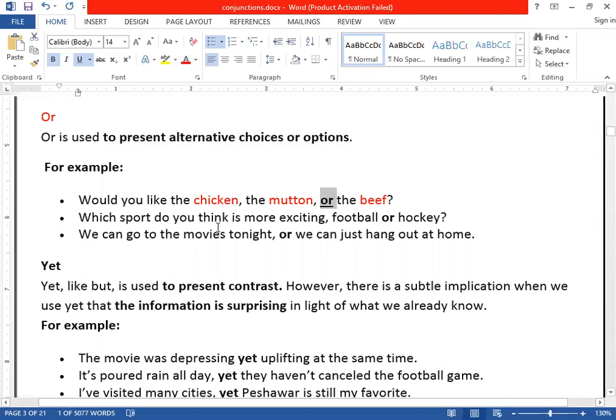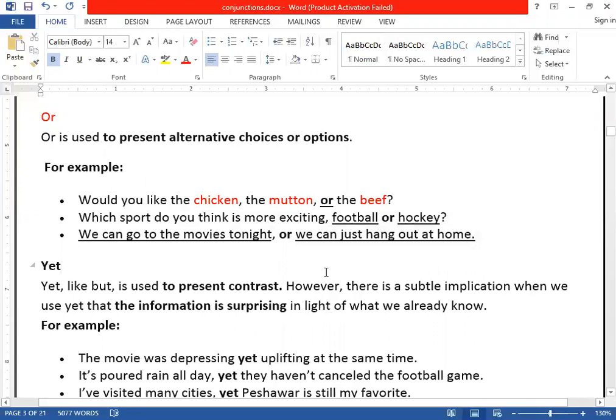Which sport do you think is more exciting, football or hockey? So there are two options or two alternative choices. We can go to the movies tonight. Can you see this is one clause? Or we can just hang out at home. This is another clause.